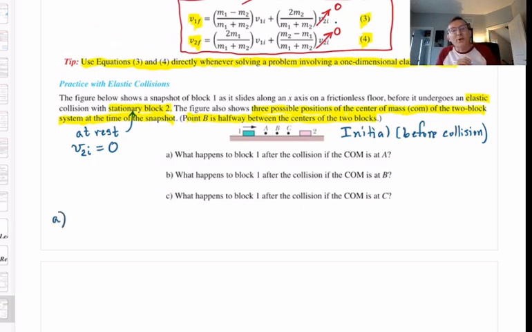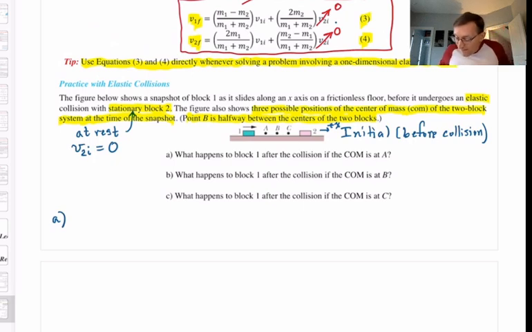Our snapshot shows a moment in time before the collision. Block 1 is to the left, block 2 is to the right. Block 2 is initially at rest, block 1 is moving to the right. We're assuming, by the way, that to the right is the plus x direction. So V1 initial is a positive number and V2 initial is 0. And they're going to undergo a one-dimensional elastic collision.